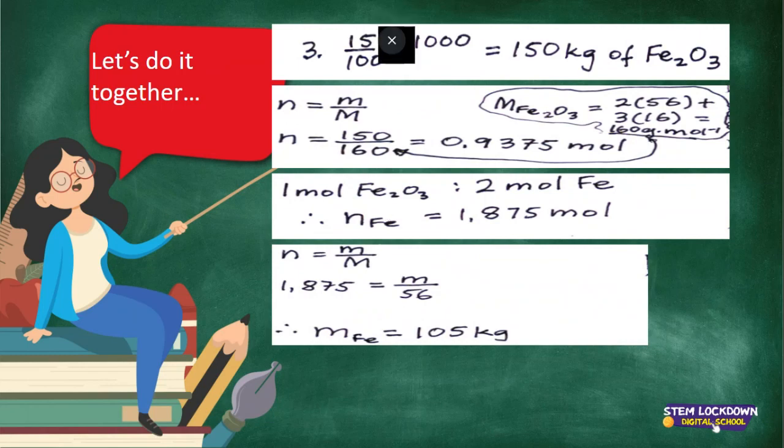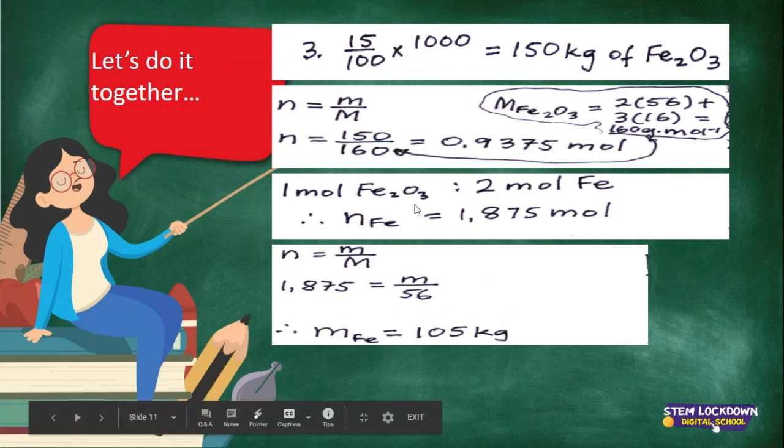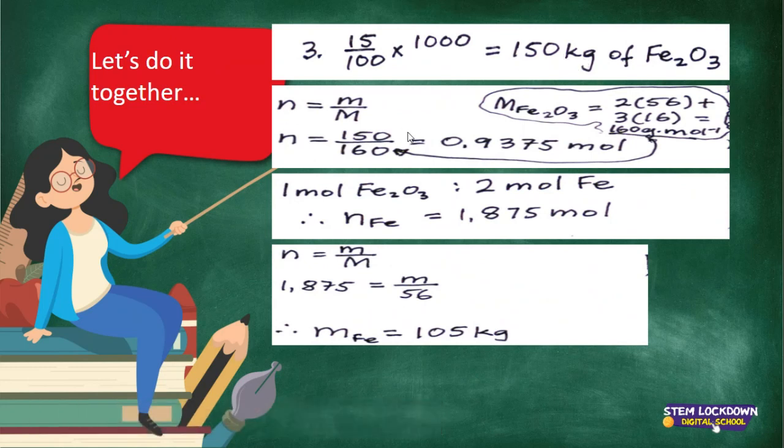So that will then be 150, and because this is kg, you have to multiply by 1,000.